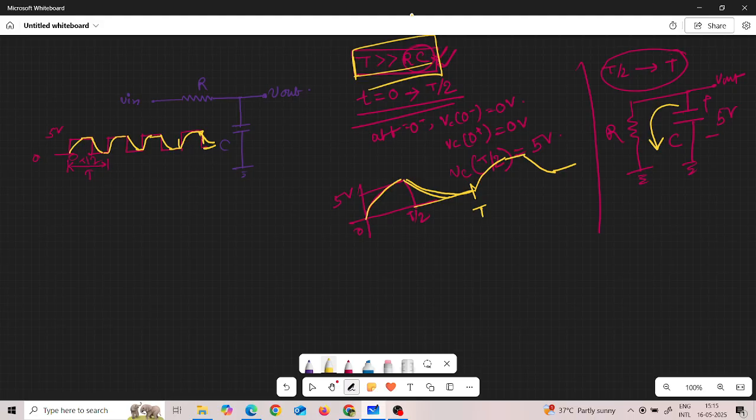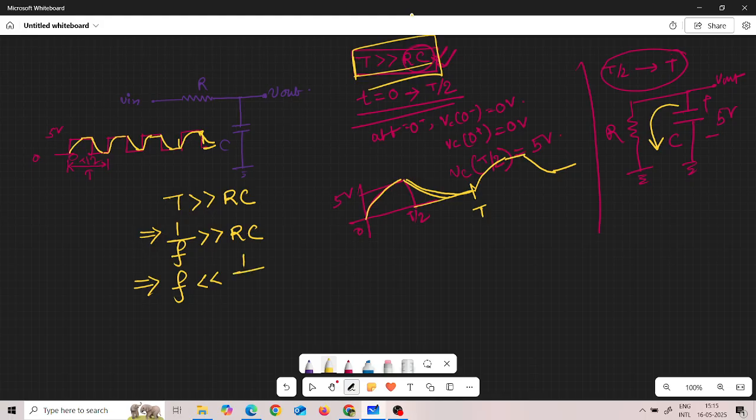Now, given T is very much greater than RC, we can write 1 by F is very much greater than RC, so F is very much less than 1 by RC.